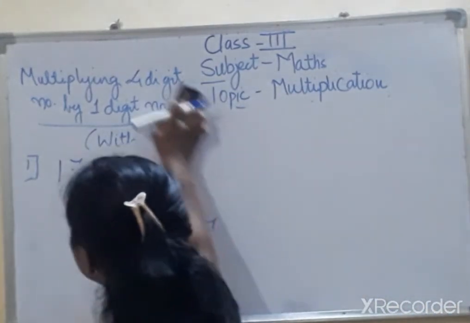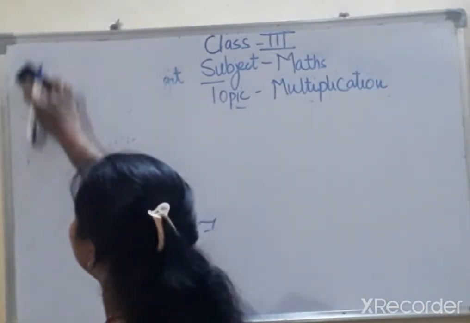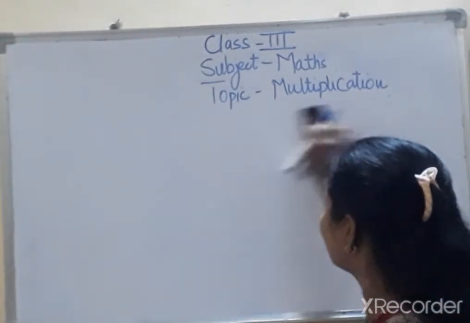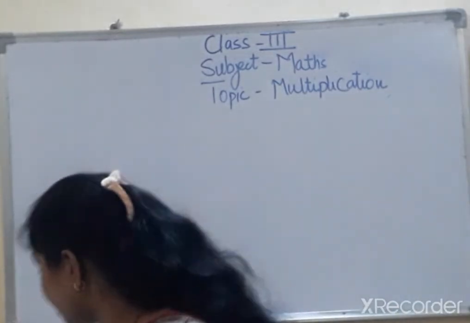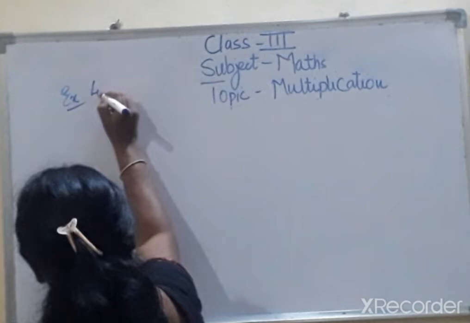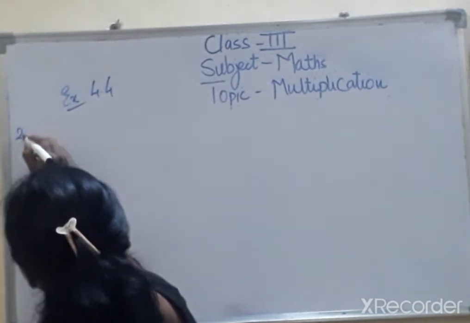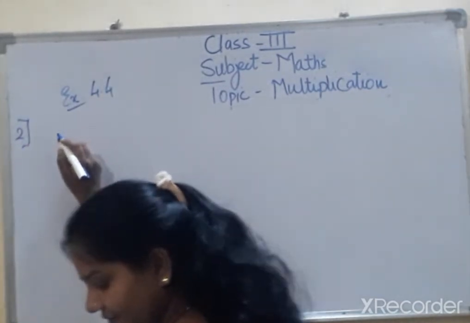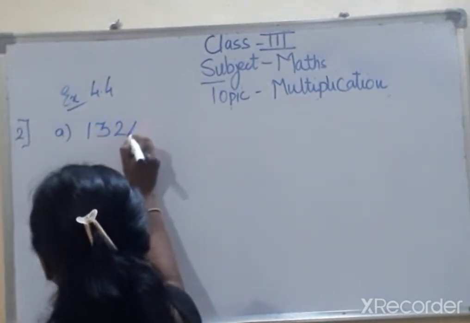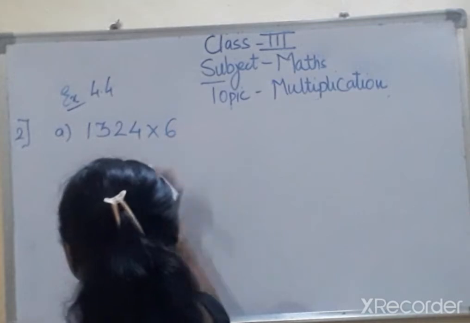So exercise number 4.4. The first one I will solve on the board. Question number 2. Let us take the first one. 1324 multiplied by 6.